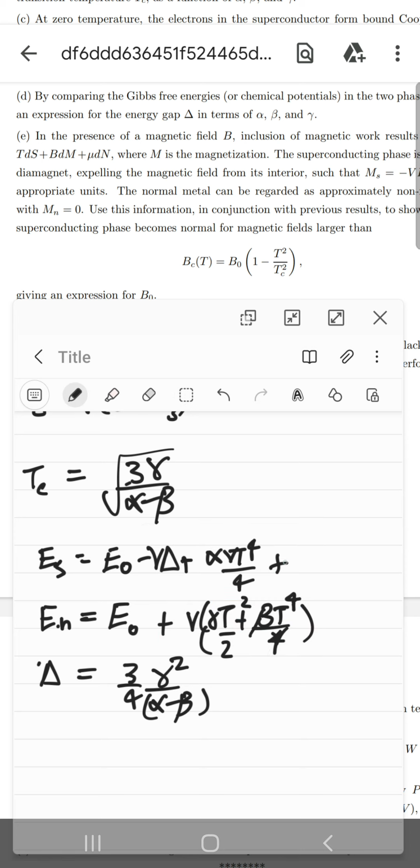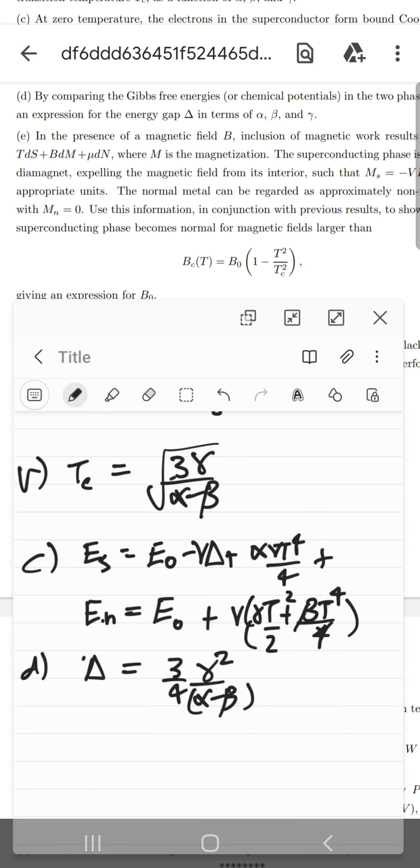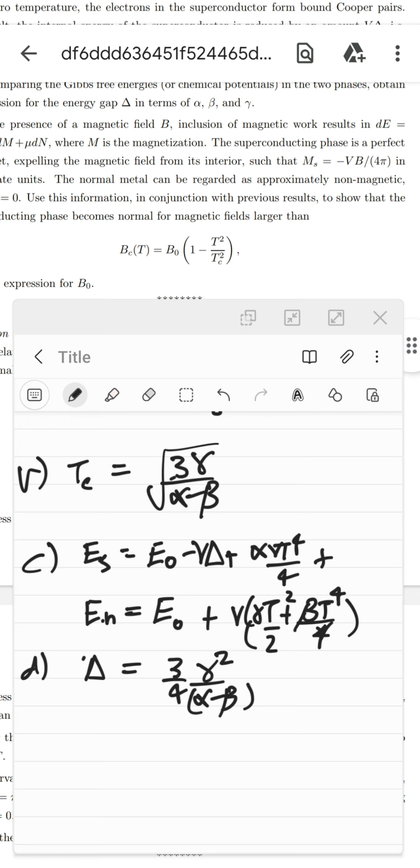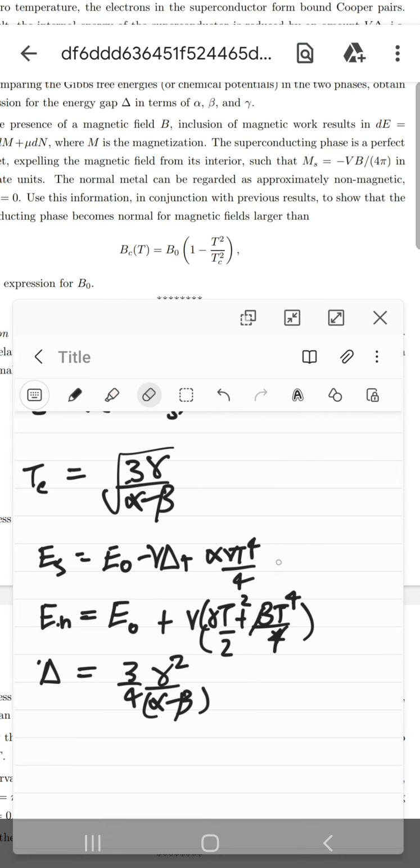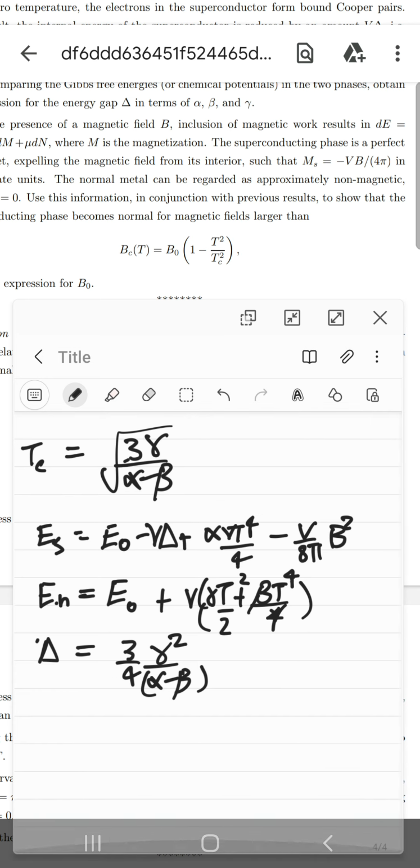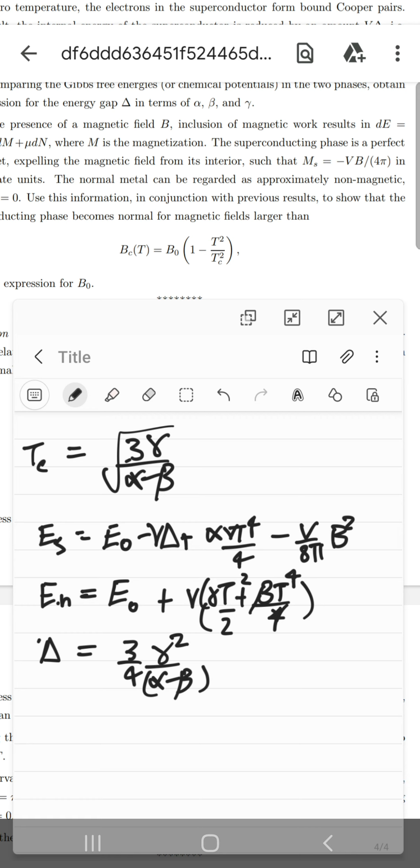In case of the superconductor, it's just the minus Vb upon 4 pi and all that stuff. So it's like minus V upon 4 pi B dB. You integrate that. So it's just minus V upon 8 pi B square. Right, yeah. That looks about right. In this case, it's just 0. So that's not there.